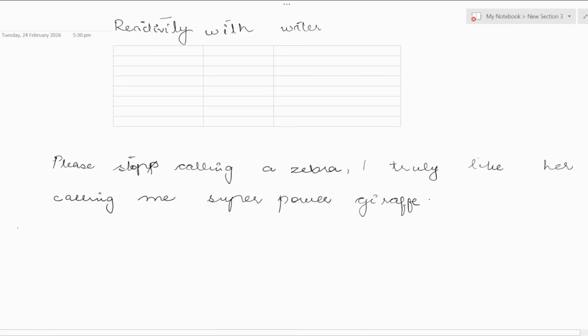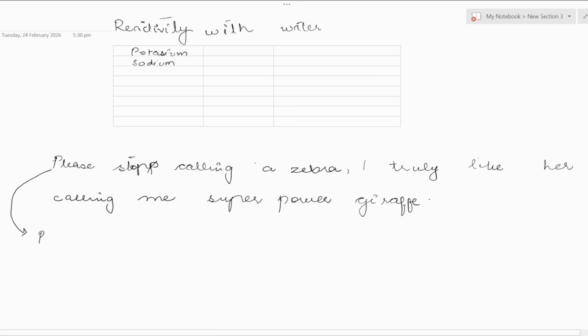P is for potassium. So it would be the most powerful one, potassium. S is sodium. This is from the first group. Then let's move to the second group.